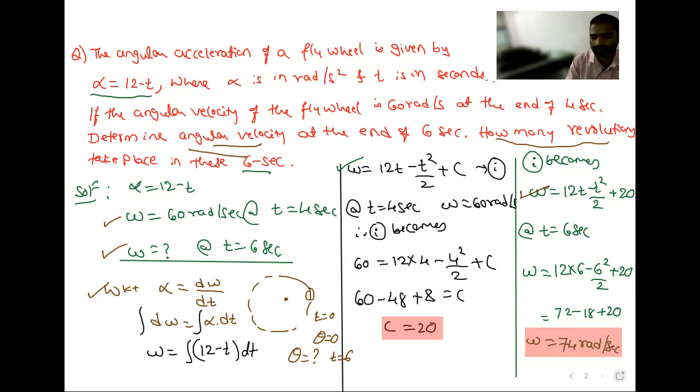Okay, read on. We know that omega is equal to d theta divided by dt. What do I want? I want the theta value. So this implies theta is equal to, can you tell me anybody?